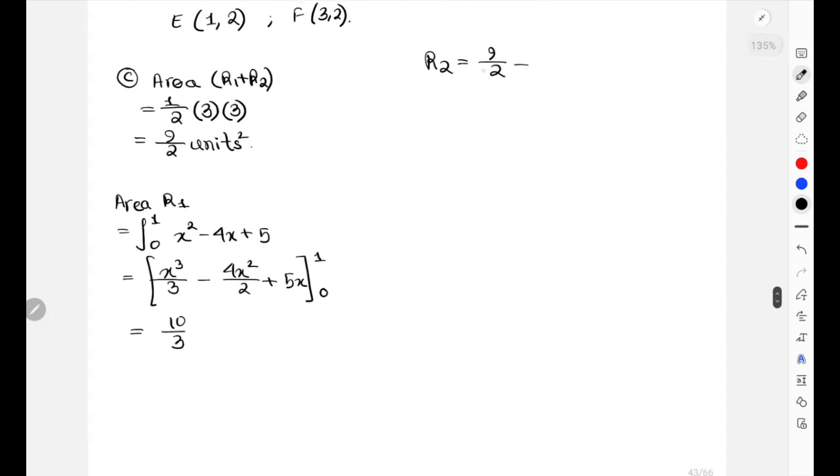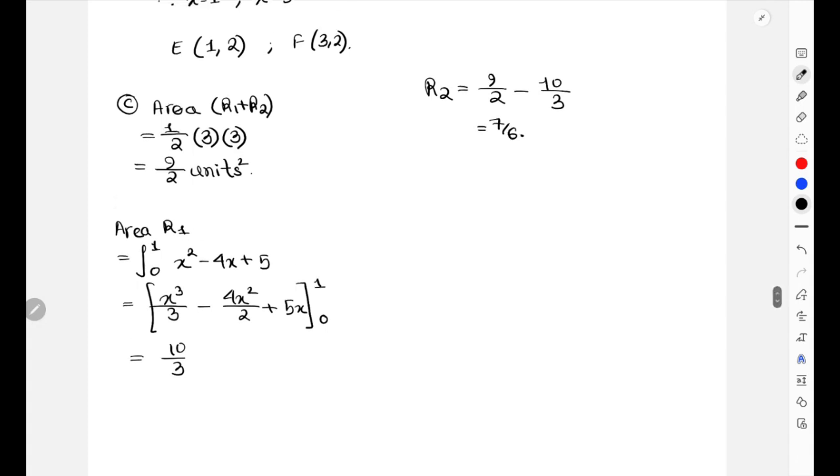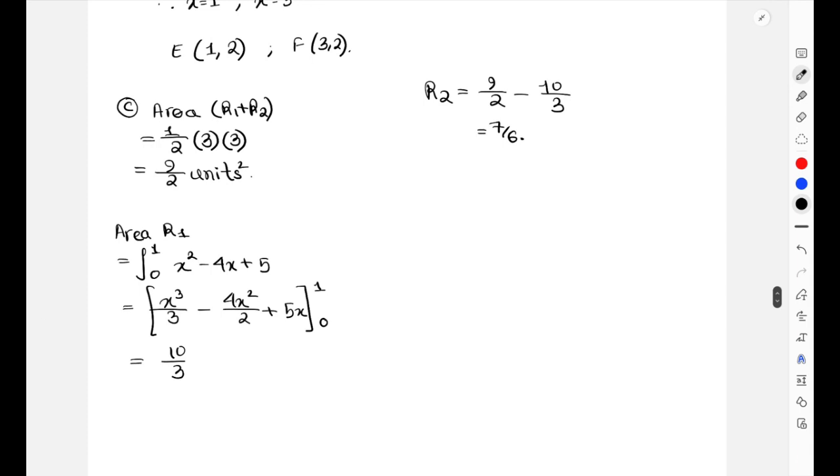Like I can calculate R2, which is basically total minus R1. So 9 by 2 minus 10 by 3, which is 7 by 6 now. For R2, this is 7 by 6. For that ratio of R1 over R2, I can calculate that easily. Wait, 1 minute.